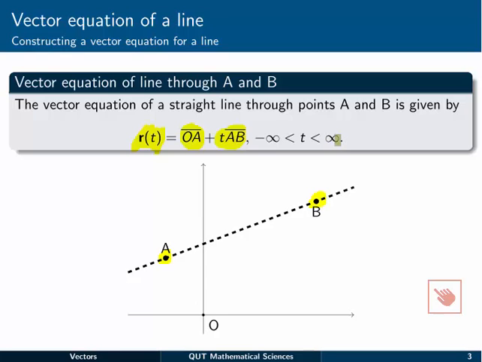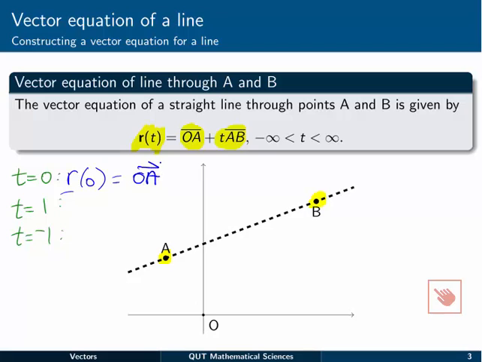This is how we write the equation of the straight line in vector form, but how does this equation come about? To see how it works, let's just have a look at a few of the possible infinite number of parameter values. When t is equal to 0, r of 0 is equal to OA plus 0.